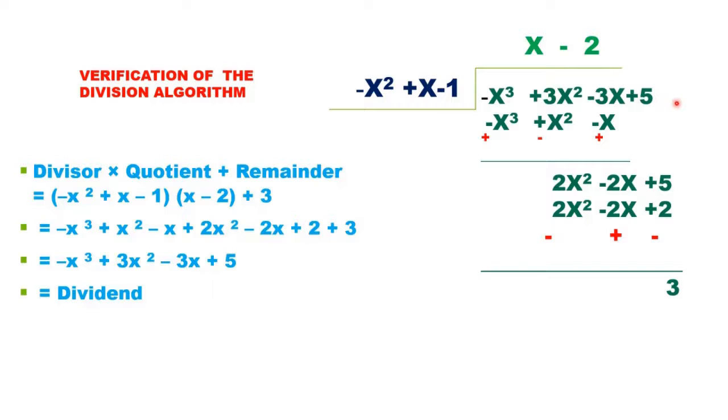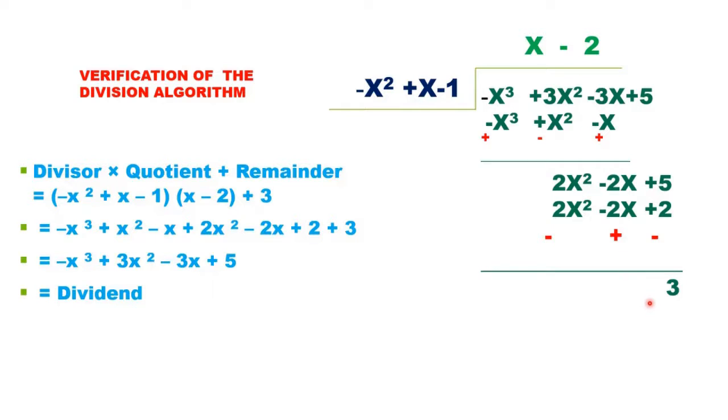This is our p(x). Where is our g(x)? Yes, here is g(x). What are we going to find out? q(x) and r(x). Now, as the division algorithm goes, we'll multiply this one. What is this? g(x) into this one. What is this? q(x).